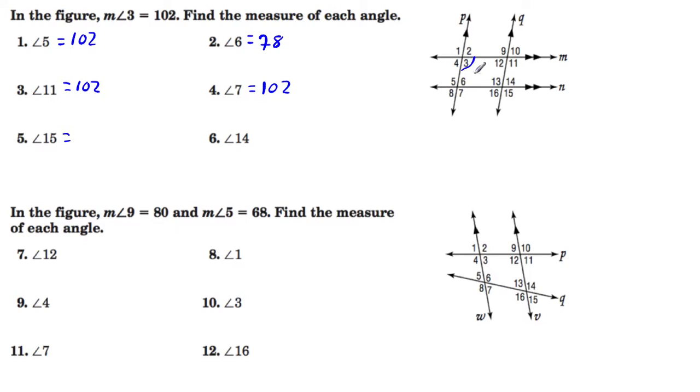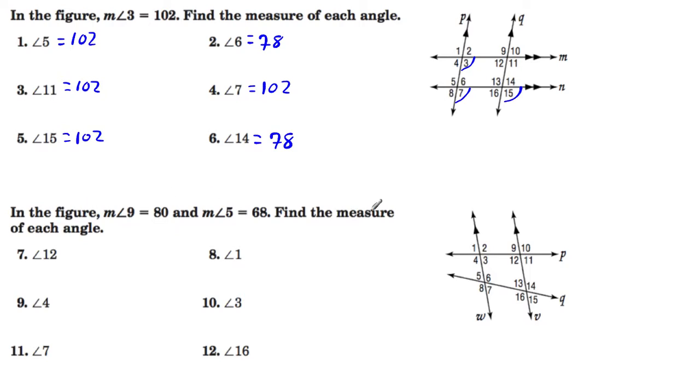So 3 is corresponding to 7, and 7 is corresponding to 15. So 15 is 102, and 14 is supplementary to 15, so that must be 78. You can see that there's going to be a whole bunch of angles that are the same or supplementary. There's not going to be one random one like 53 that pops in there.